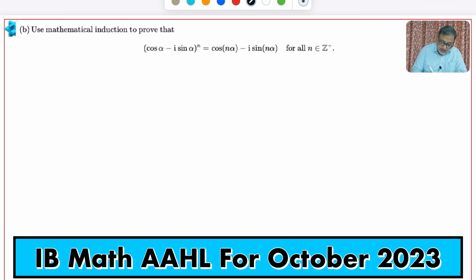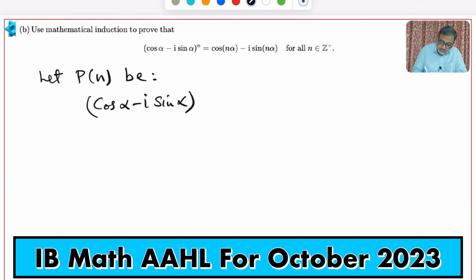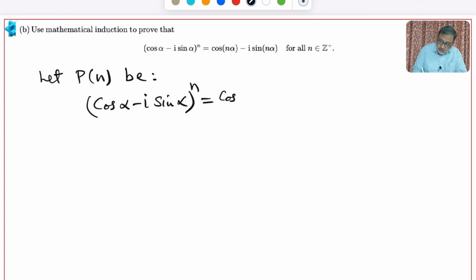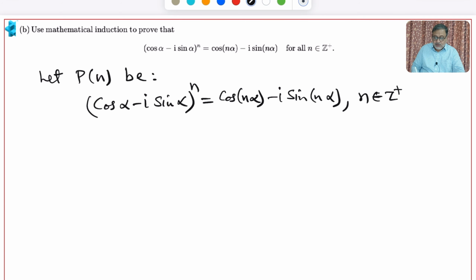So let P of n, the whole statement we will write as P of n is equal to cos of n alpha minus I sin of n alpha, where n belongs to positive integers. Okay. Now number 1, it has the same parts. Number 1, n is equal to 1.